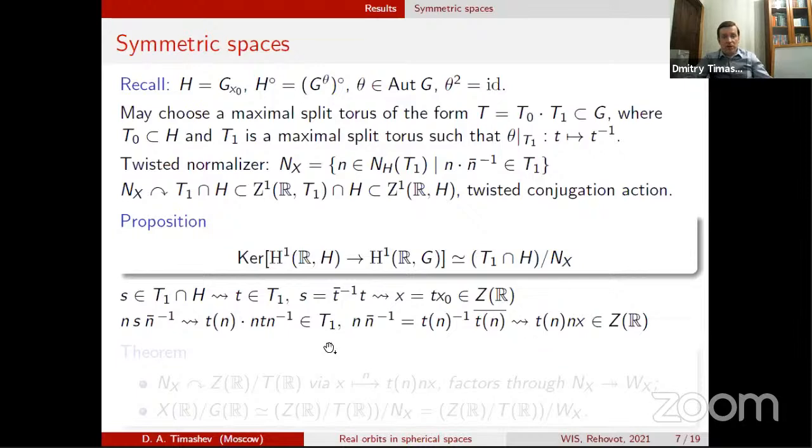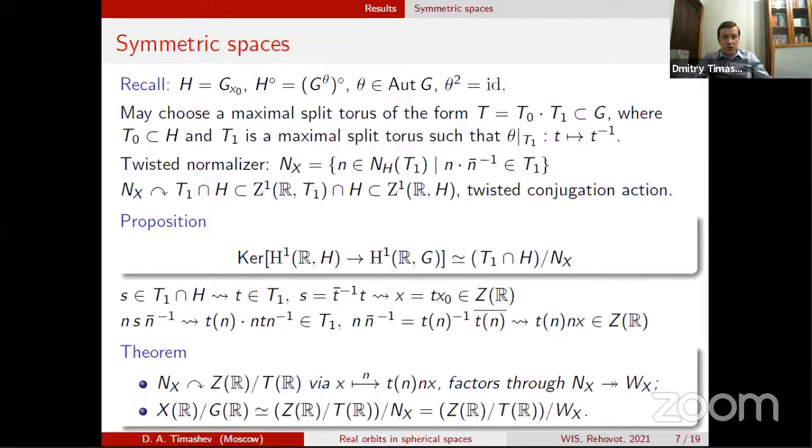And the general result on classification of real orbits via the Galois homology amounts to the following theorem in this case. So first, the action, this formula sending x to T of n and x defines an action of the twisted normalizer, not on the real points of Z, because, for instance, this T of n is not uniquely defined.